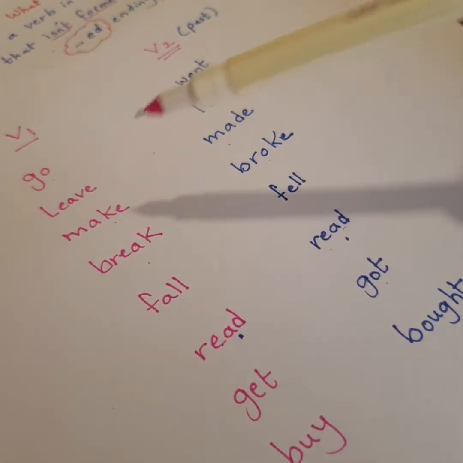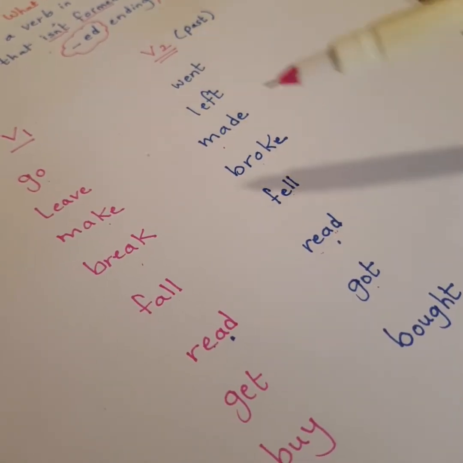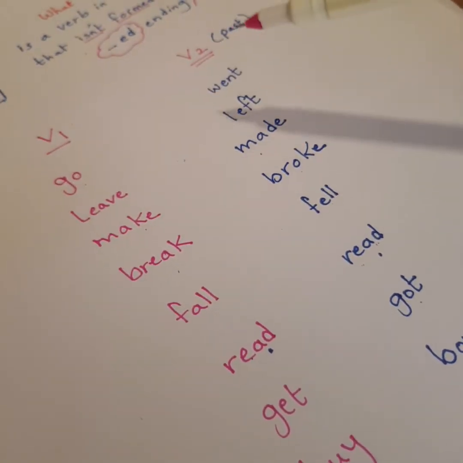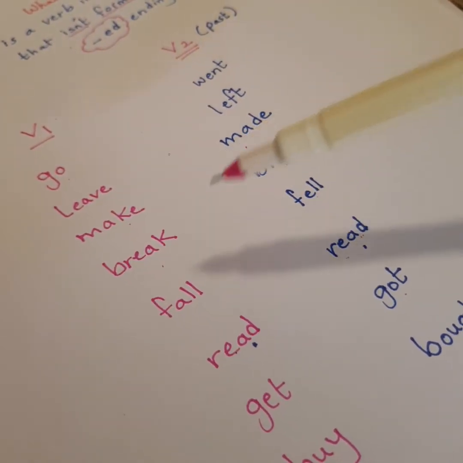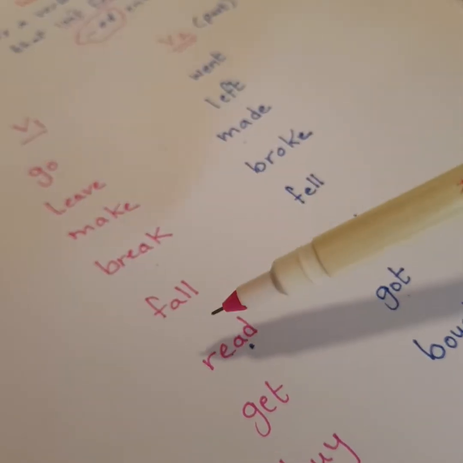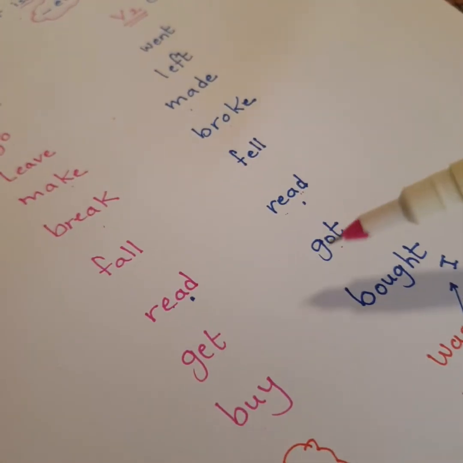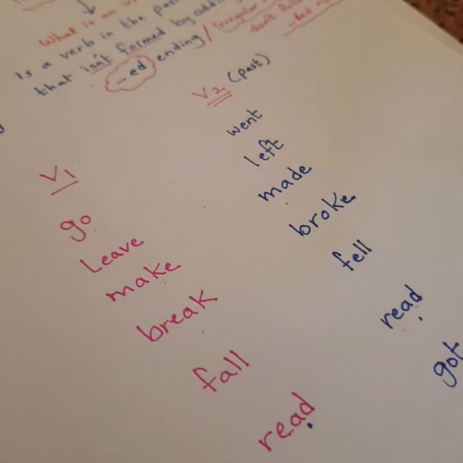We don't add the ed ending. We change the verb. So go, went, leave, left, make, made, break, broke, fall, fell, read, read, get, got, buy, and bought.